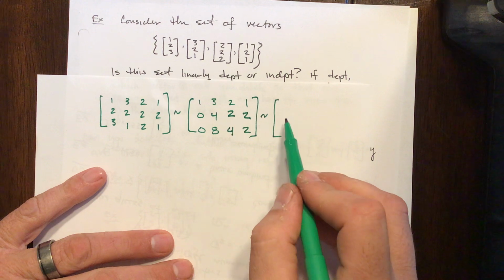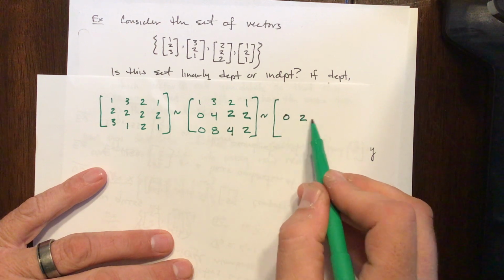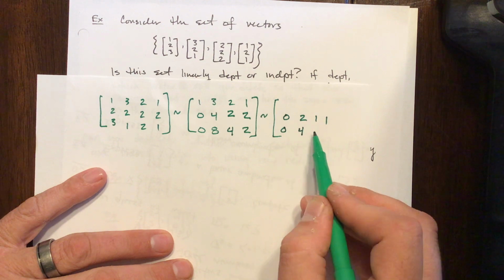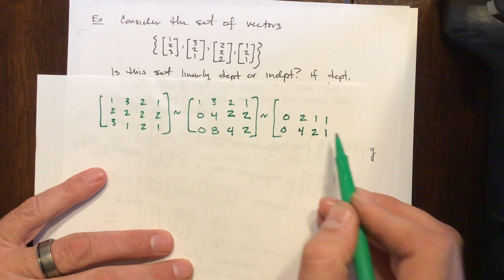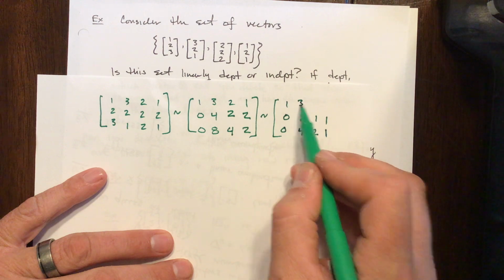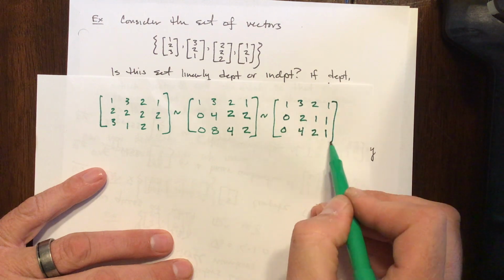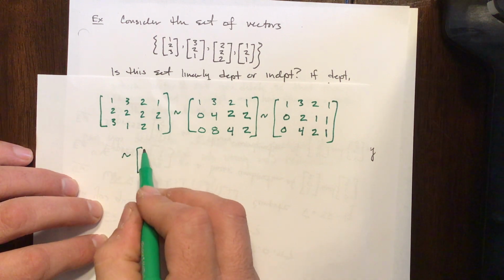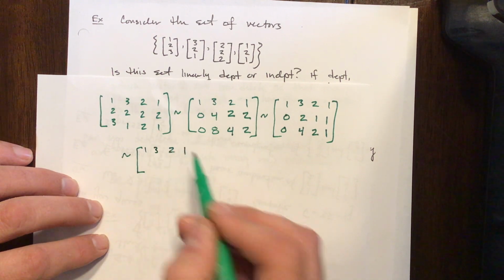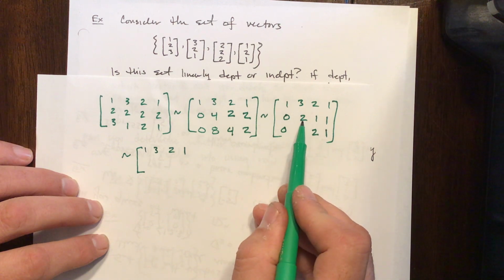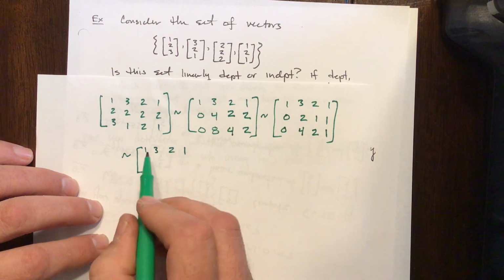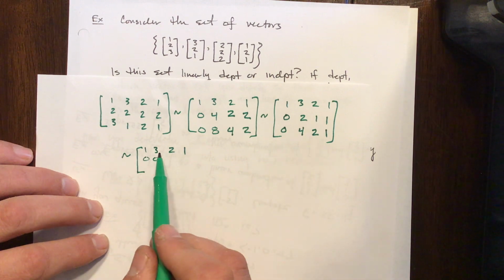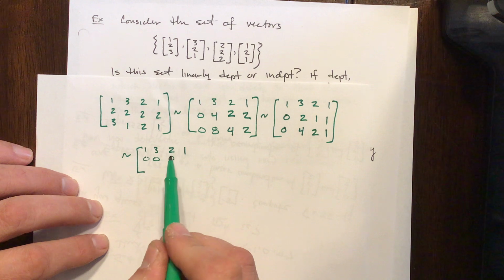Let's scale these. So let's make this 0, 2, 1, 1. Let's make this 0, 4, 2, 1. And this remains 1, 3, 2, 1. Right. So keep going. 1, 3, 2, 1 looks fine. 2 times 2 is 4. 4 minus 4 is 0. So 2 minus 2 is 0.